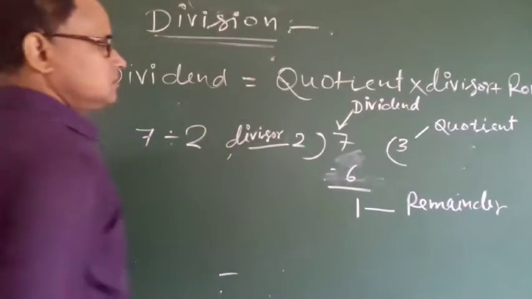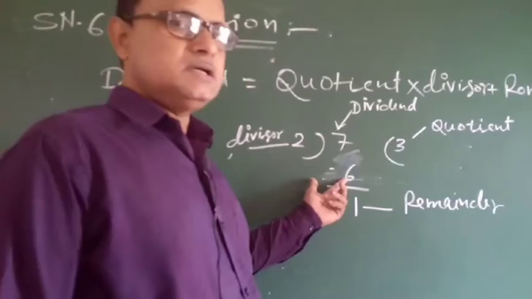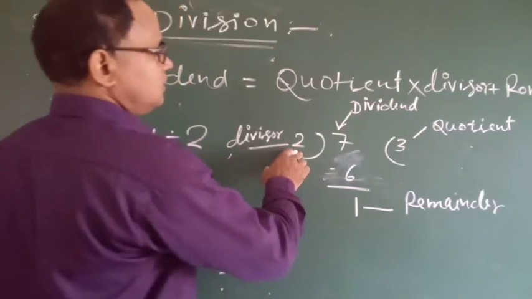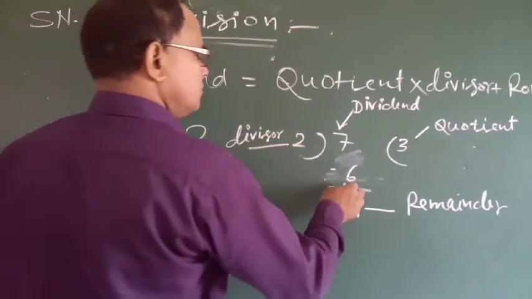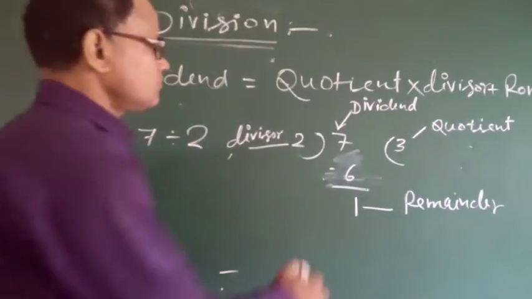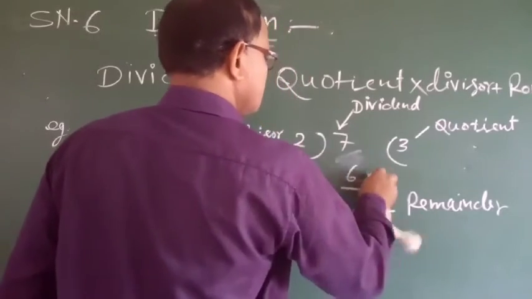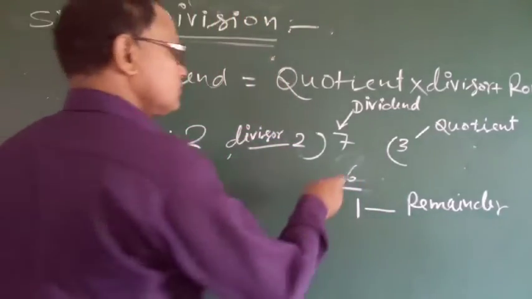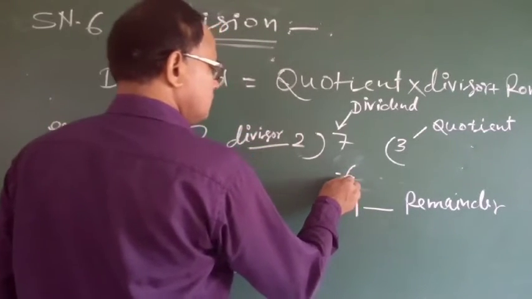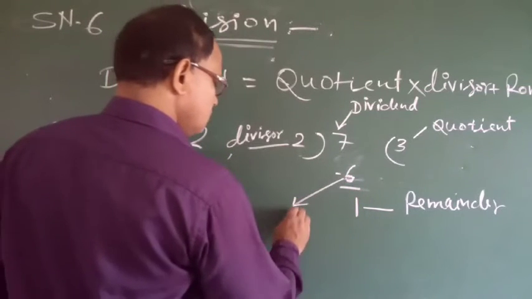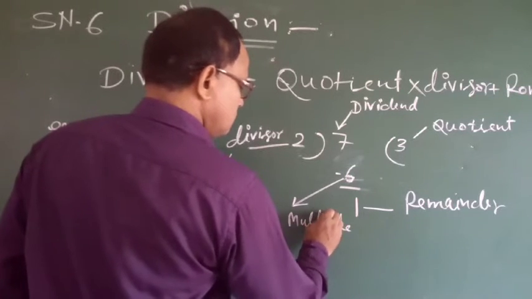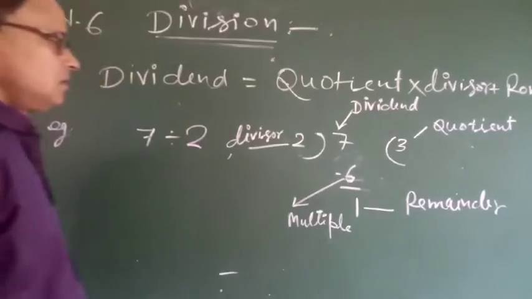And 6, what is the name of 6? 6 is a multiple of 2. Okay.